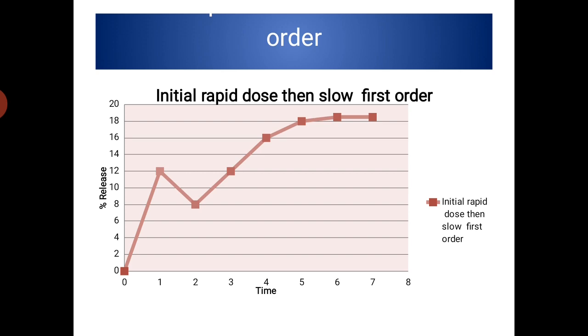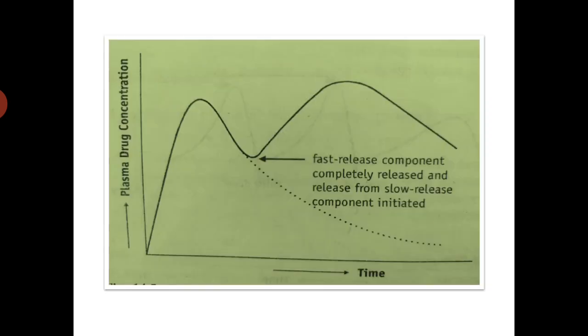In the same way as we learned for zero order, this method also has the drawback that from the second dose onwards there is a possibility of increasing the plasma drug concentration, and that can be nullified by giving an IR tablet just before this slow first order release drug delivery system.